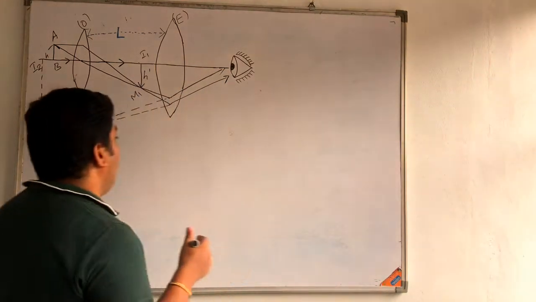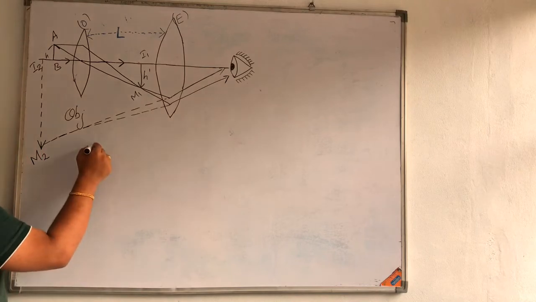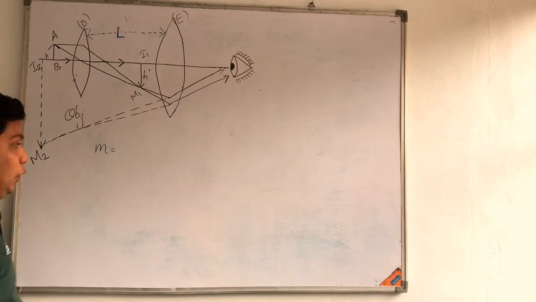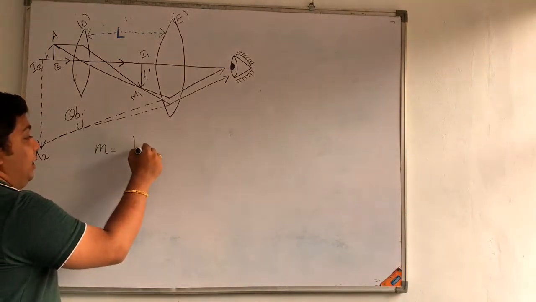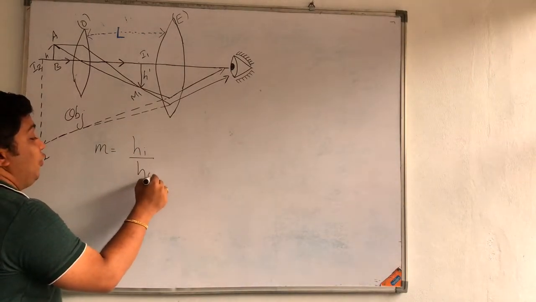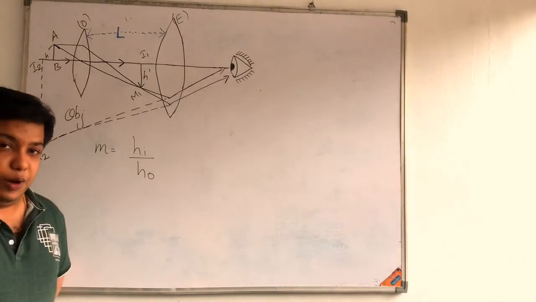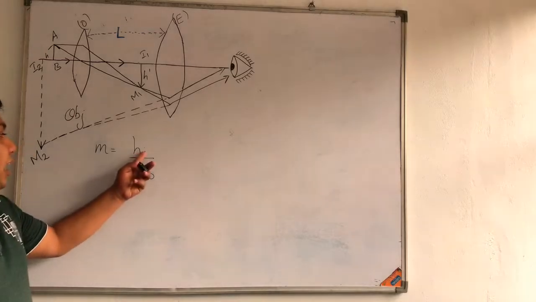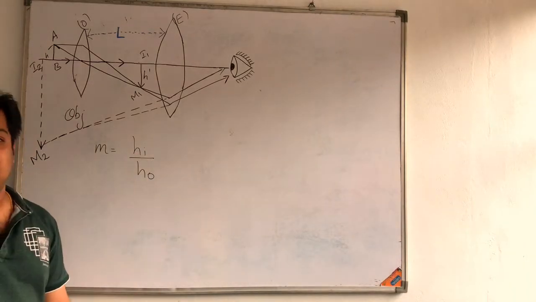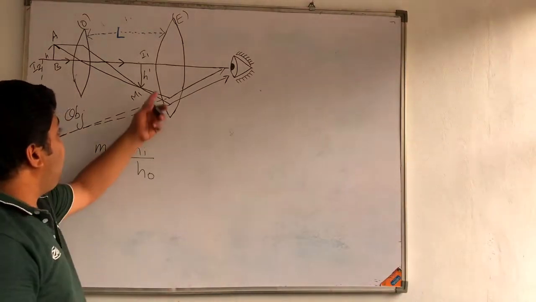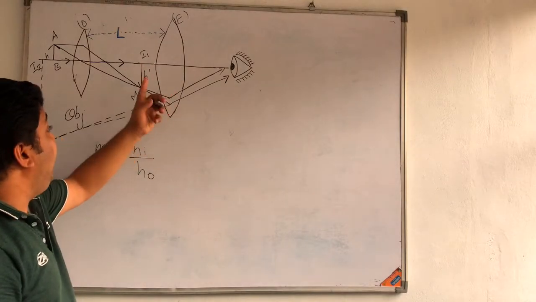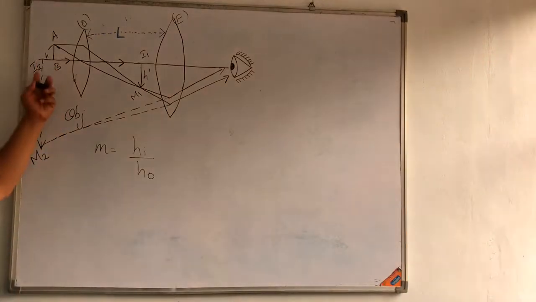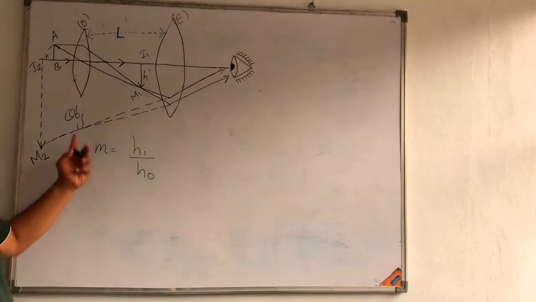Here we are going to calculate the magnification. Magnification is M equal to height of image divided by height of object. From this figure it is clear that the final image is I2M2 and our object is AB.